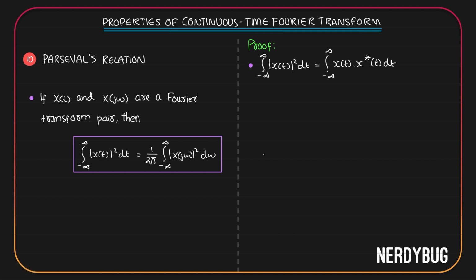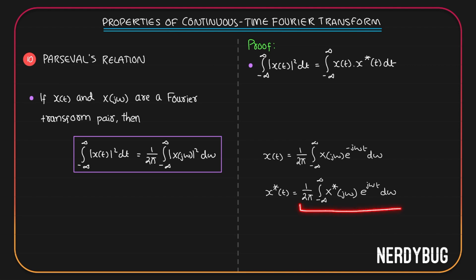Now, according to the synthesis equation, we can write x(t) is equal to 1/2π times the integral from minus infinity to infinity of X(jω) e^(jωt) dω. Then x conjugate of t will simply be 1/2π times the integral from minus infinity to infinity, where X(jω) should become X conjugate of jω, and e^(jωt) should become e^(−jωt), dω.